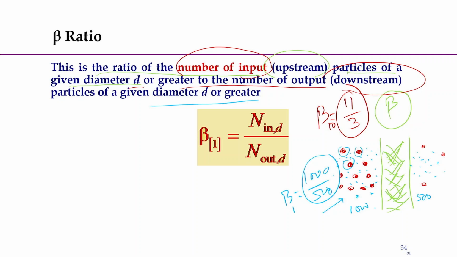That means it will be 1000 plus 11 by 500 plus 3. In that way, at different levels we can calculate the beta ratio.